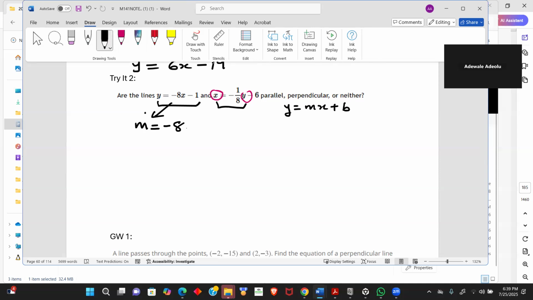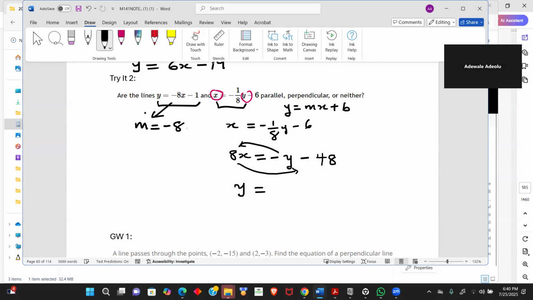So if we rewrite this, we have x equals -1/8 y minus 6. I can multiply through by 8. So that is 8x equals minus y minus 48. I can multiply through by -1, or bring this to the other side, it's the same thing.